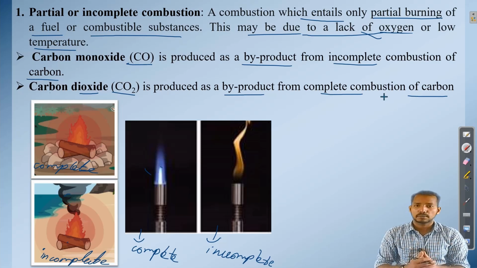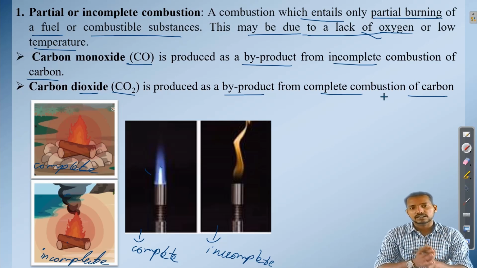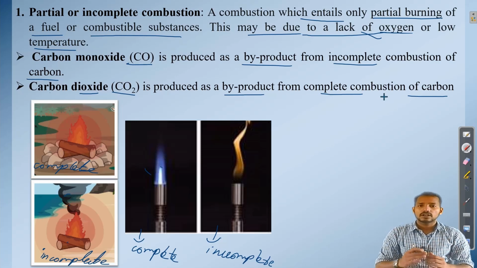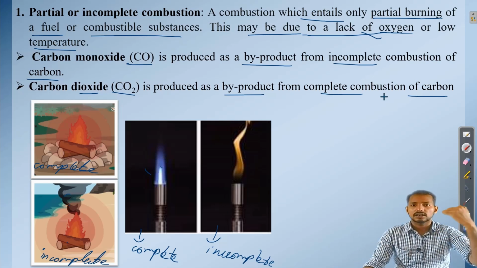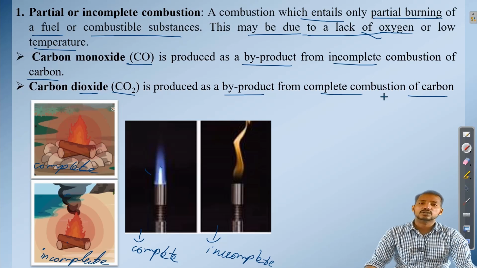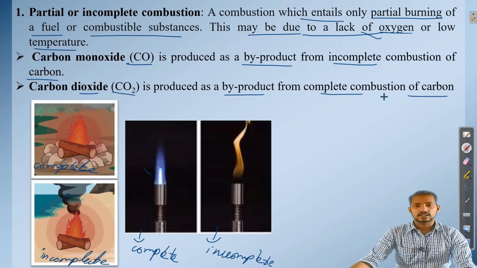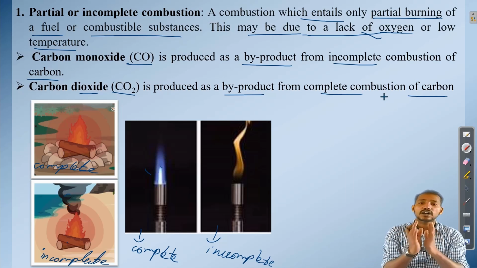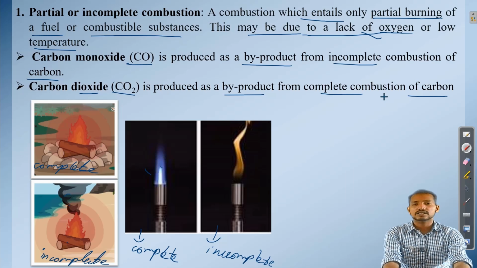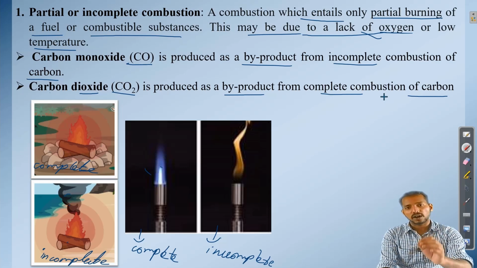All this combustion takes place in a controllable manner for our useful purpose. Suppose this combustion takes place in an uncontrolled manner, it leads to a huge disaster. So it's very important to know how to control the fire if it happens. So now we are going to discuss how to control the fire.